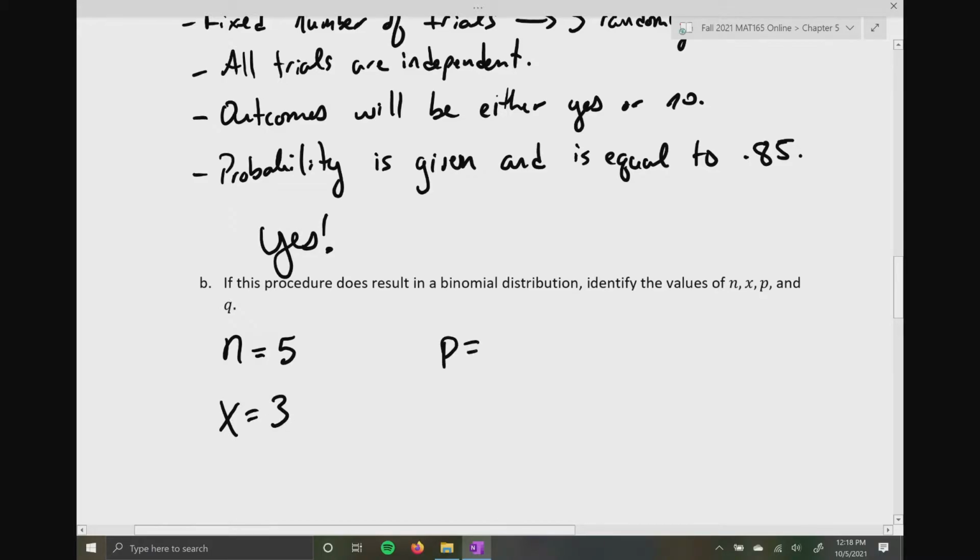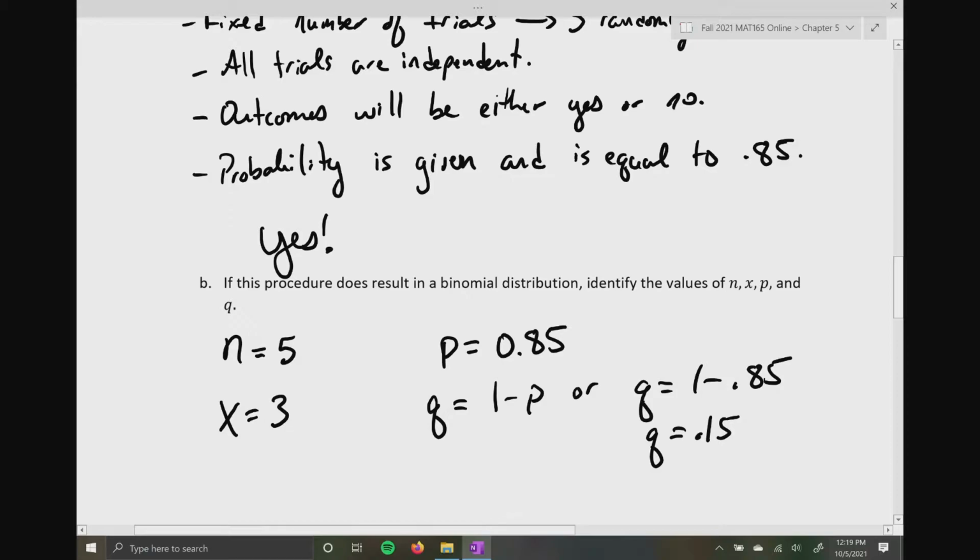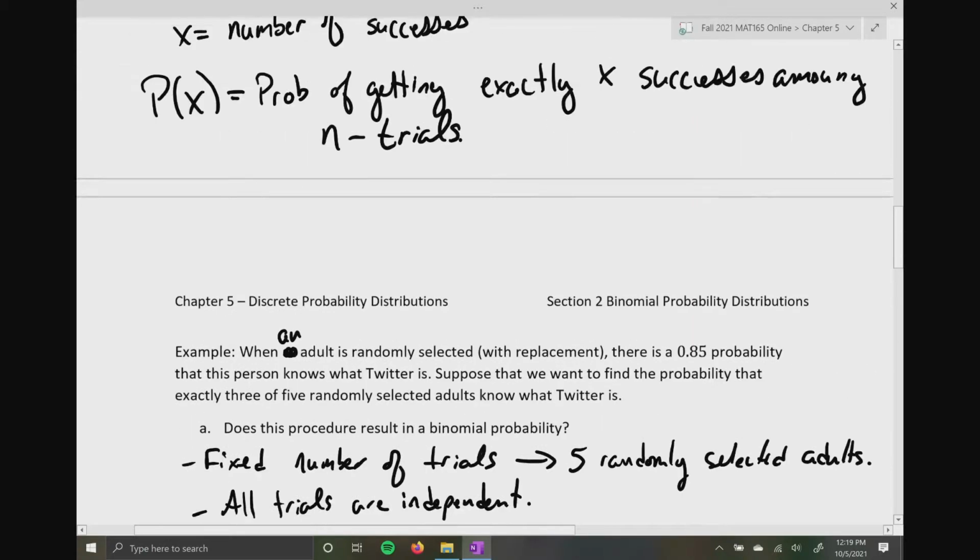P is going to be the probability of success, so that's going to be 0.85. And now Q is going to be the probability that they don't know what it is. So Q is going to equal 1 minus P, or Q equals 1 minus 0.85. So Q is going to be 0.15. So maybe I need to define that up above. So let's scroll back up above.